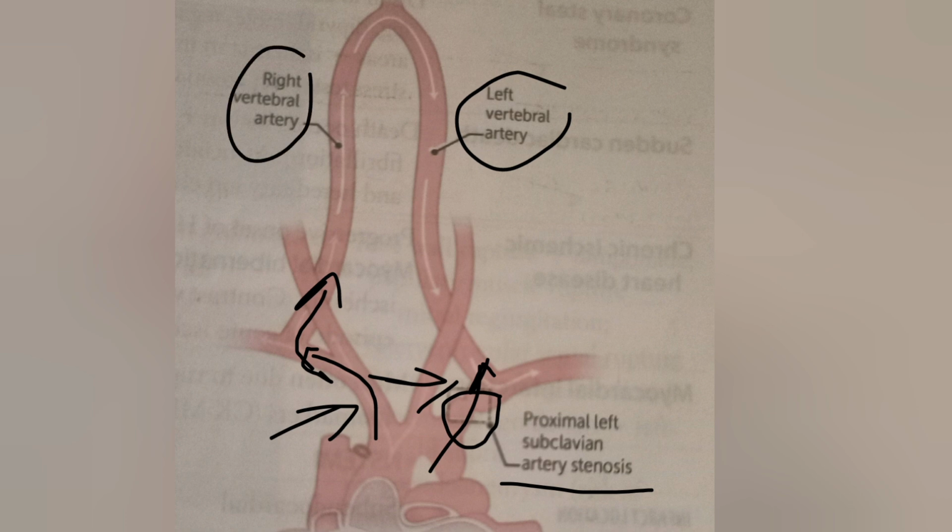So blood flow in the right vertebral artery is normal, but blood flow in the left vertebral artery is very low because of this stenosis, right? So of course when there is low blood there is low pressure in our left vertebral artery, and we know that blood flows from the area of high pressure to the area of low pressure.